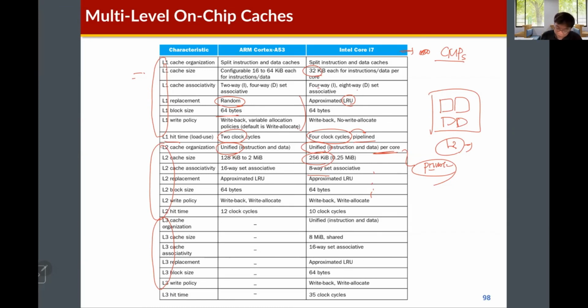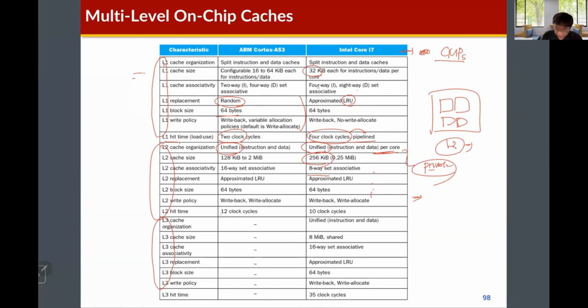This is because the cache size is a little big, and we also need some processing to access the cache. So that's why the hit time is multiple cycles.